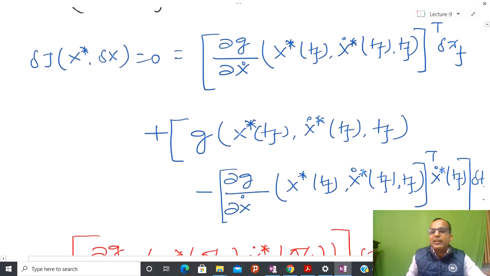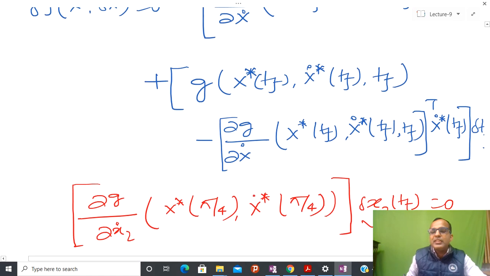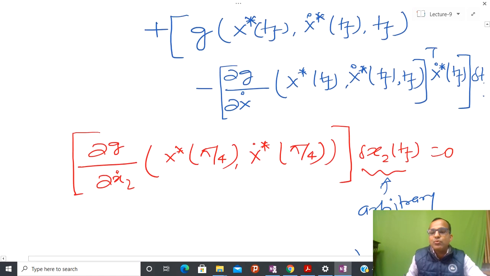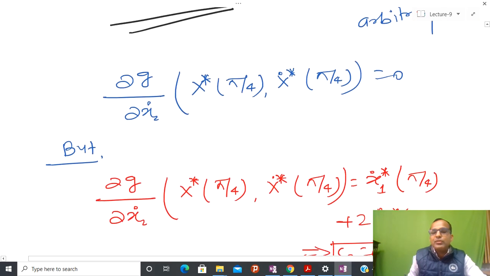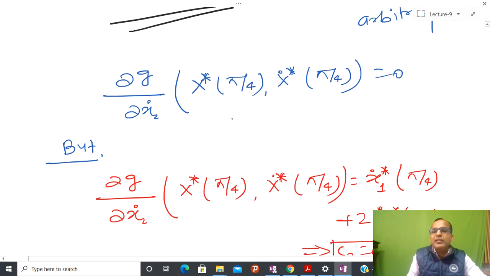So we have to collect all terms which are multiplied by delta x2 at tf, and after that generate the boundary condition by solving this kind of partial differential equation.